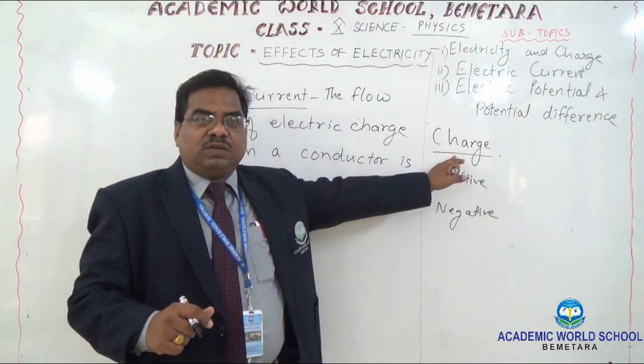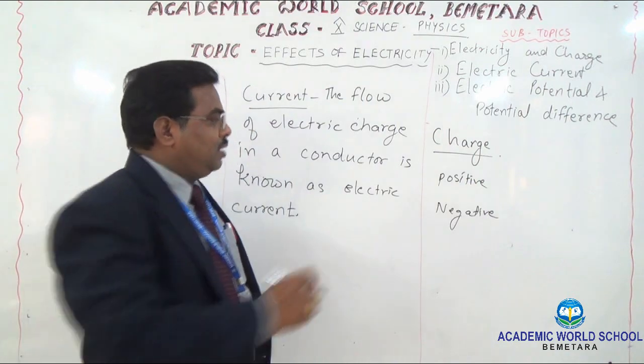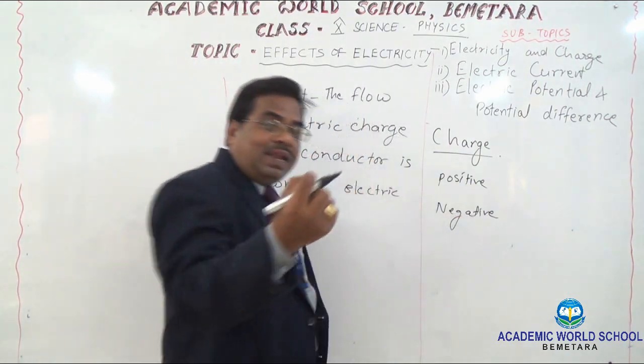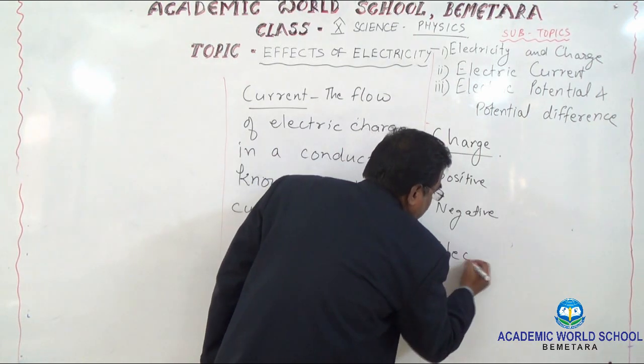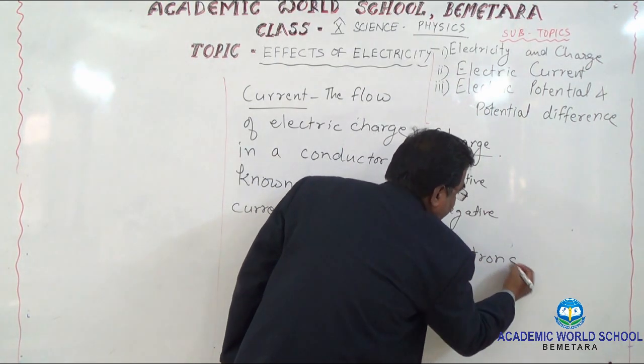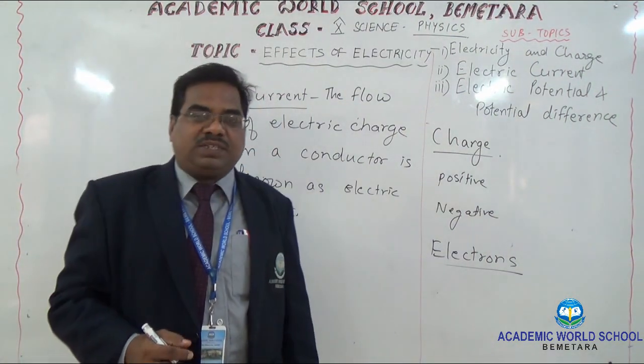The charge, as I told you, is of two types. So here the particle in which charge is present is the electron. Electrons are the basic particles in which charge is present.